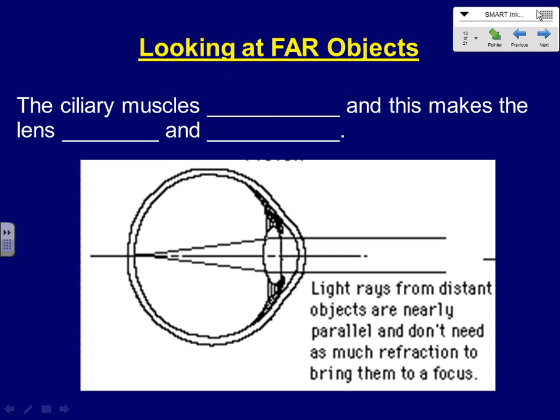If you look at far objects, you'll notice that the rays are already coming quite parallel. They're far away, just like when we look down at the end of the tech hall. They're not spreading out, so they don't need to be bent as much. So the ciliary muscles can relax, and this makes the lens thin and weak.